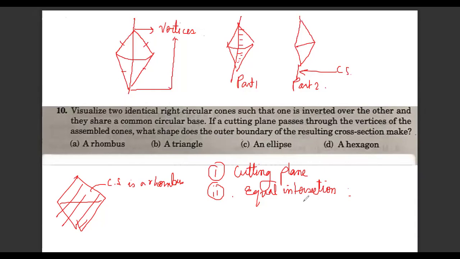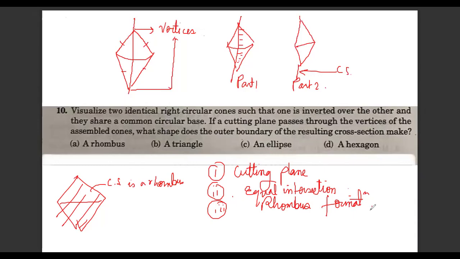And point number 3 we can analyze is by rhombus formation. Due to the equal bisection of height and the shared base, the intersection with each cone creates two congruent isosceles triangles that share a base. Combining these triangles forms a rhombus.